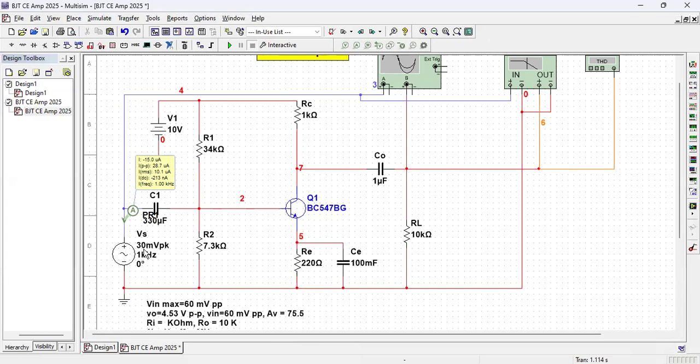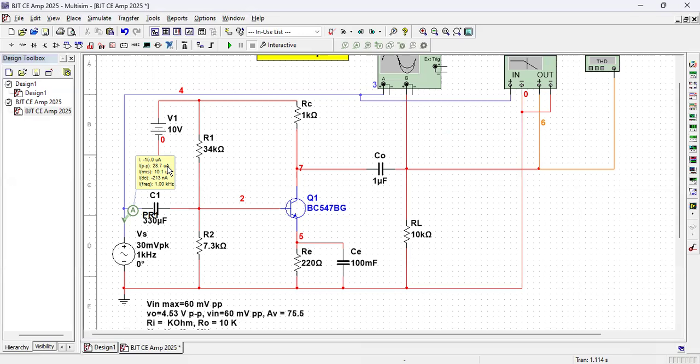So peak-to-peak current is 29 microampere, and peak-to-peak voltage input is 60 millivolt. 60 milli divided by 29 micro will be approximately 2K, 2000. So the current is 29 micro, and the voltage is 60 millivolt peak to peak, divided by the current of 29 micro.